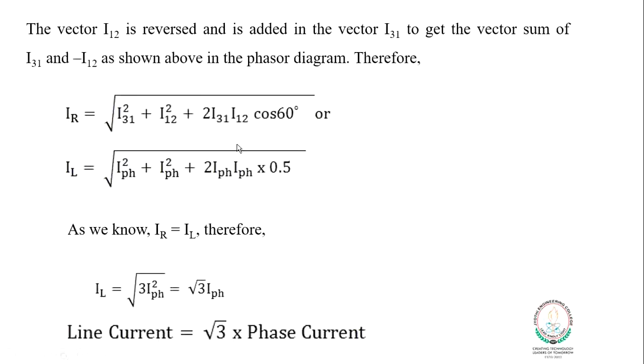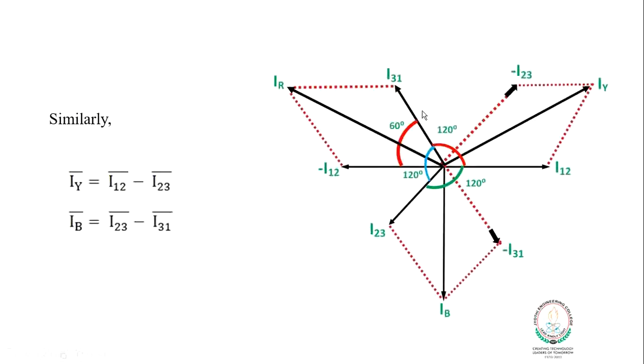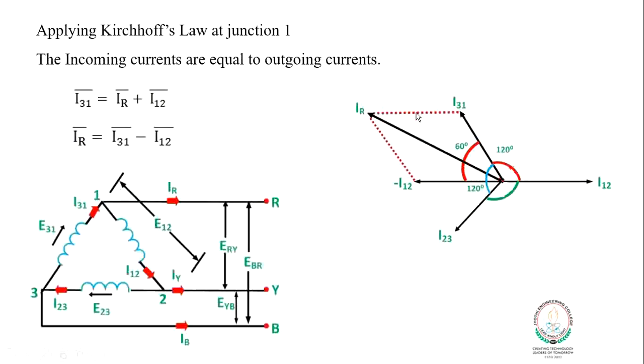So IR equals square root of I31 square plus I12 square plus 2 into I31 into I12 cos 60. That is, the angle between I31 and I12 is 60 degrees, because if we look at the figure, it is clear that the angle between I31 and I12, that is, the phase currents, is 120 degrees, and the angle between I12 and minus I12 is 180 degrees. So we have to find this angle.